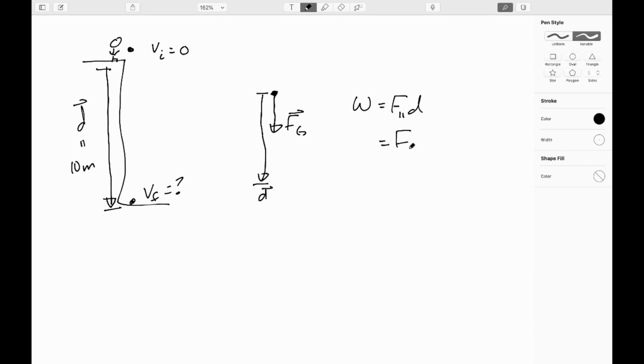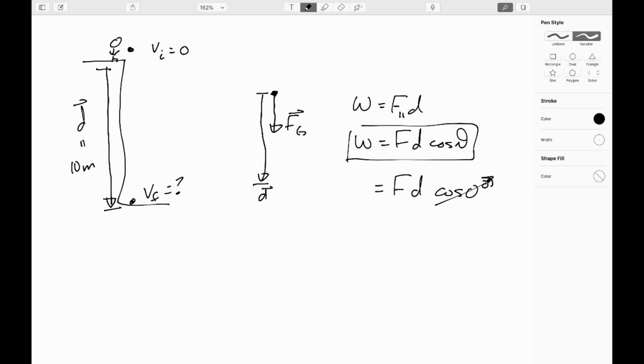And we can write that as F times d times the cosine of the angle between these. In fact, that's often the more useful way to put it. So this angle theta would be the angle between the force and the displacement. This would be the force times the displacement times the cosine of 0 degrees. Because they're pointing in the same direction, cosine of 0 is 1. So the force of gravity is equal to mg, so this is mgd.